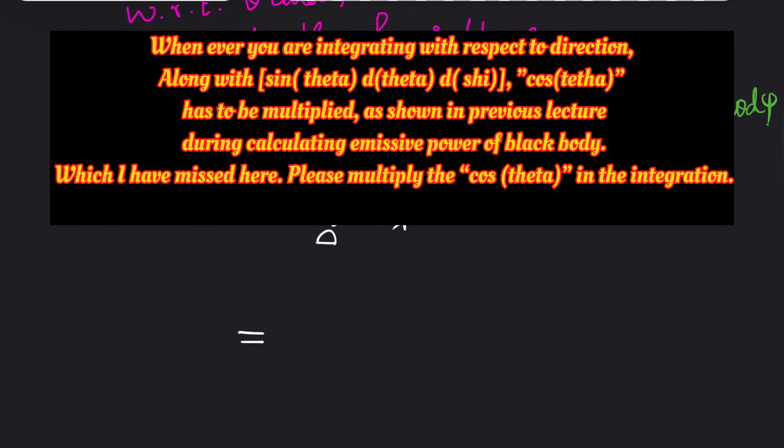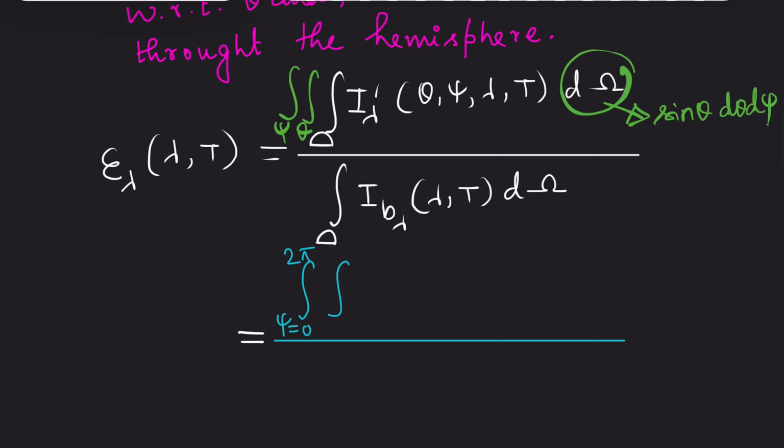In this notation, psi equal to 0 to 2 pi, theta equal to 0 to pi by 2, of I lambda dash theta psi lambda t sine theta d psi.